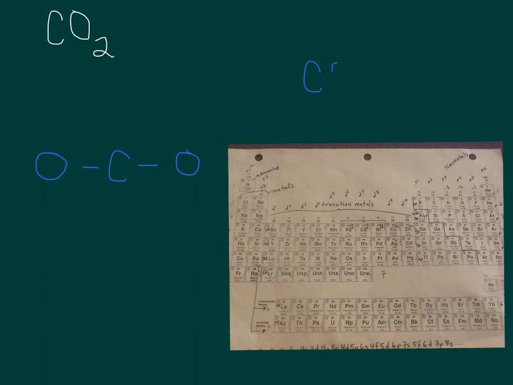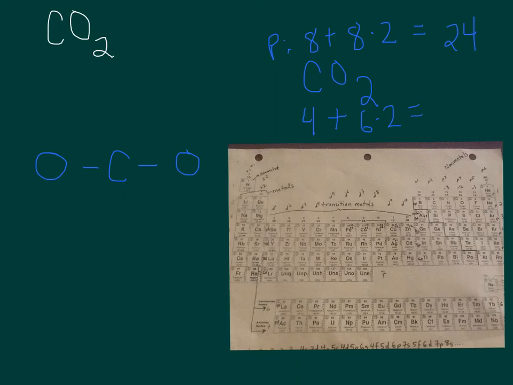Now we have to do the perfect and the actual. So if carbon were perfect, it would be 8. If oxygen were perfect, it would also be 8, but there's 2 of those. So that's 8 times 2 is 16. 16 plus 8, I believe, is 24. Now actually, carbon has 4, and oxygen actually has 6, but there's 2 of those.